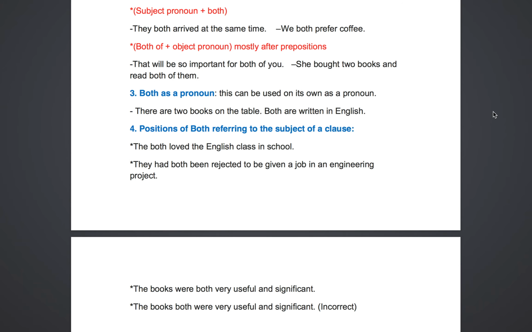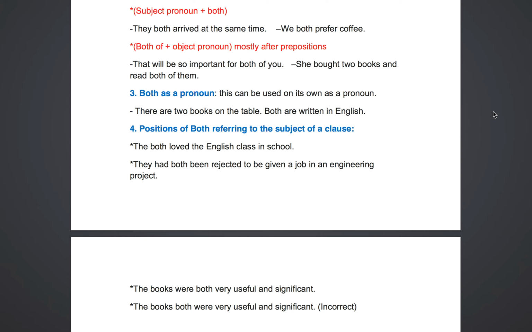This is a different formula here, both of plus object pronoun. If you have an object pronoun, you have to use both of, mostly after prepositions. I know it's kind of complicated, but you have to have basic information about grammar structures in order to understand this lesson.